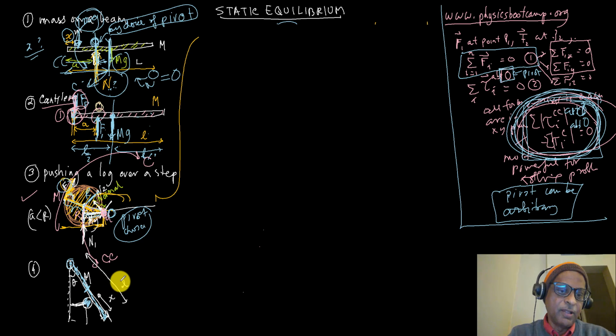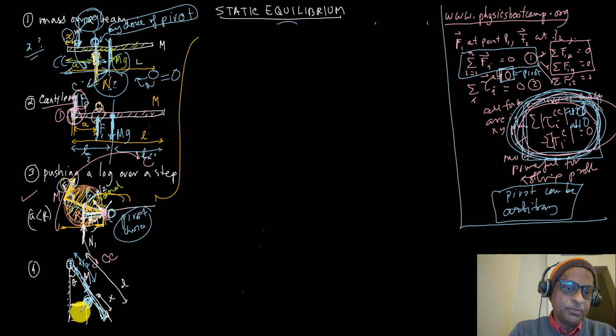So this distance is L over 2. So if I look at the forces on M, we're supposed to find the force that this will apply over here. We don't know the direction of this force. So what is the force by this?